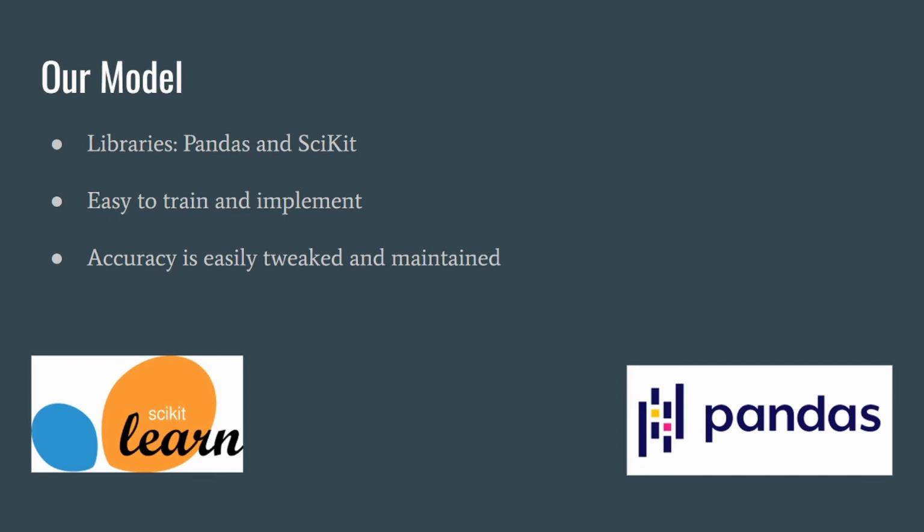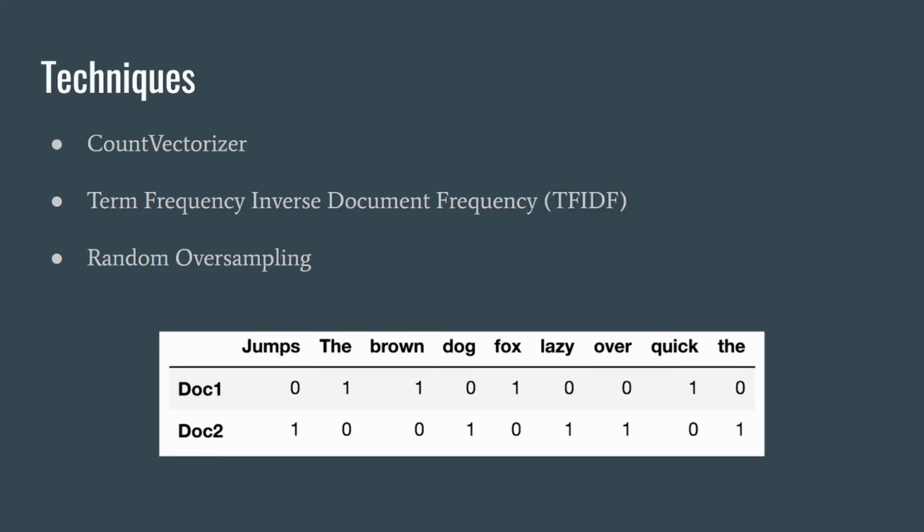So for our model, we used pandas and scikit. Those are the two libraries that we used, and we wanted the model to be not only easy to train, but also easy to implement within customer environments. And so with looking at those two things, some techniques we used were the count vectorizer portion of scikit, which takes in strings and looks at each string value and then assigns it a weight, sort of like the example below.